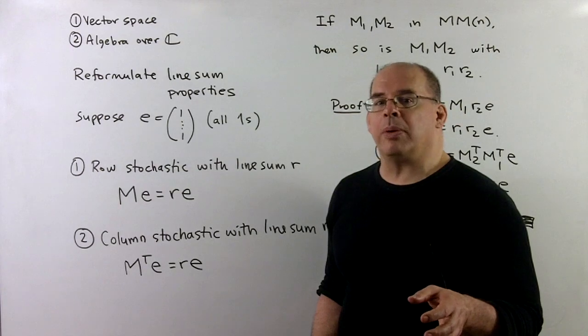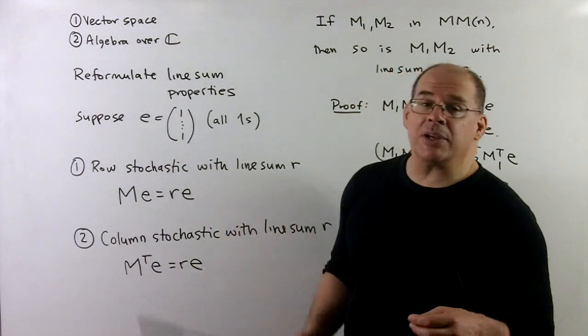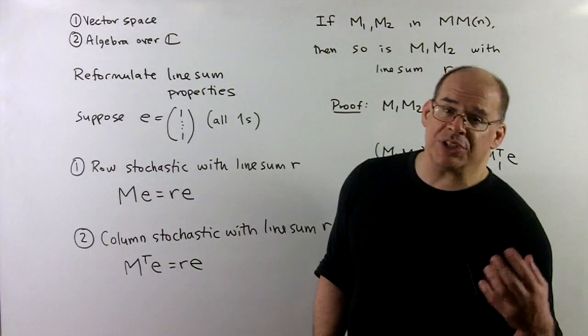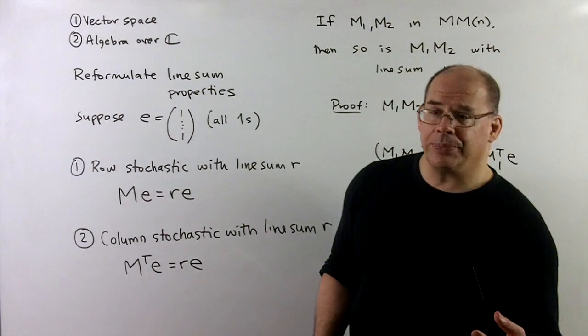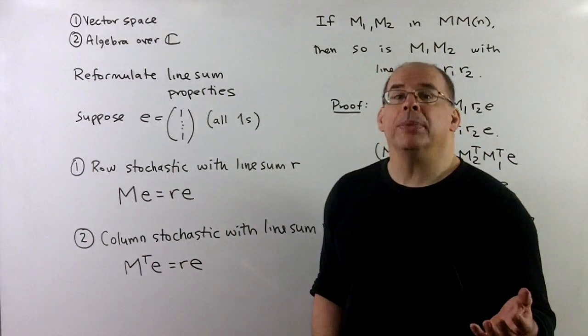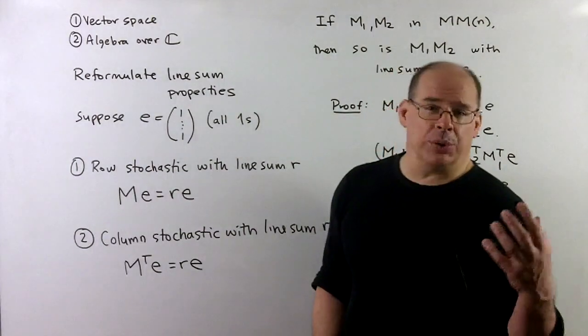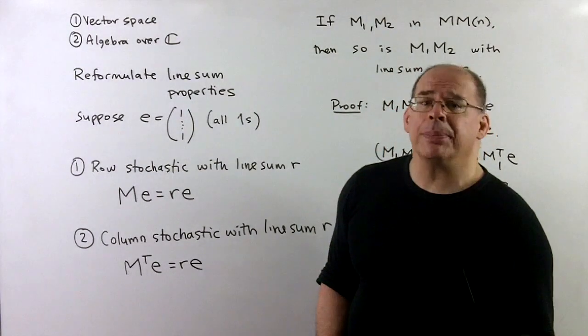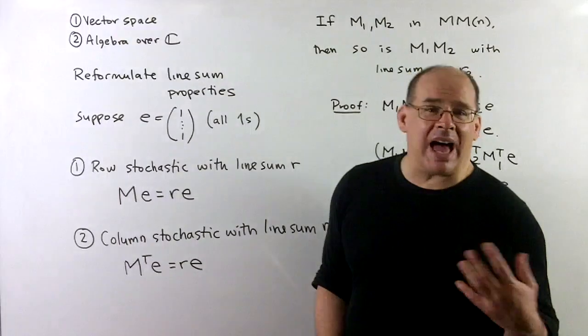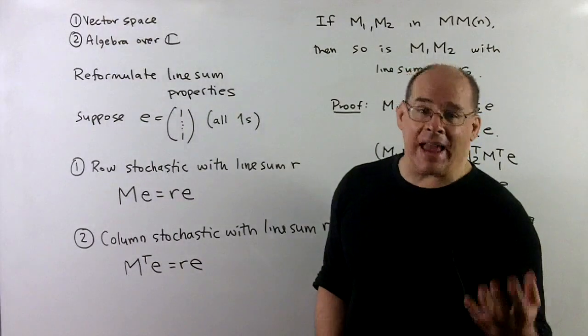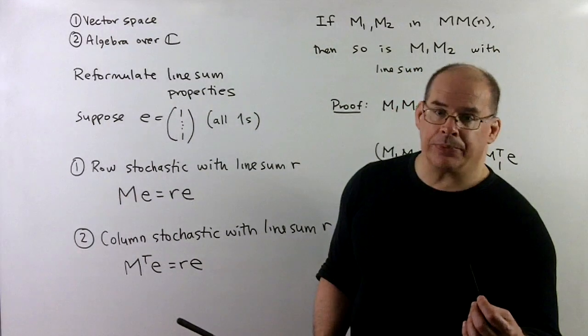In addition to linear properties, semi-magic matrices also multiply, which is not obvious at a glance. To show this cleanly, instead of appealing to permutation matrices, we reformulate the line sum properties as eigenvector properties.